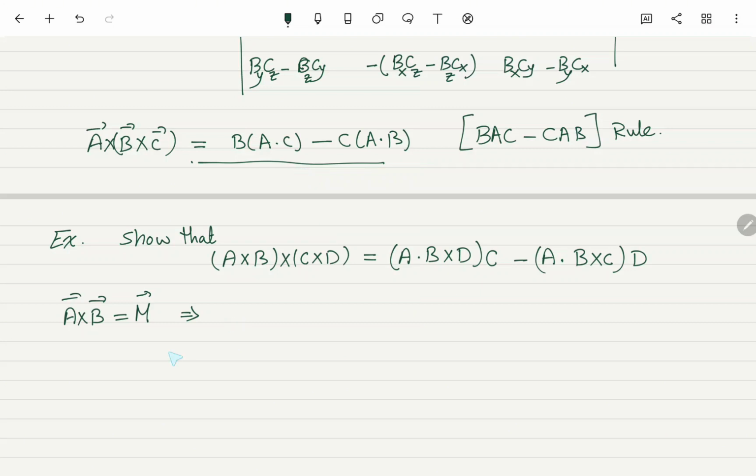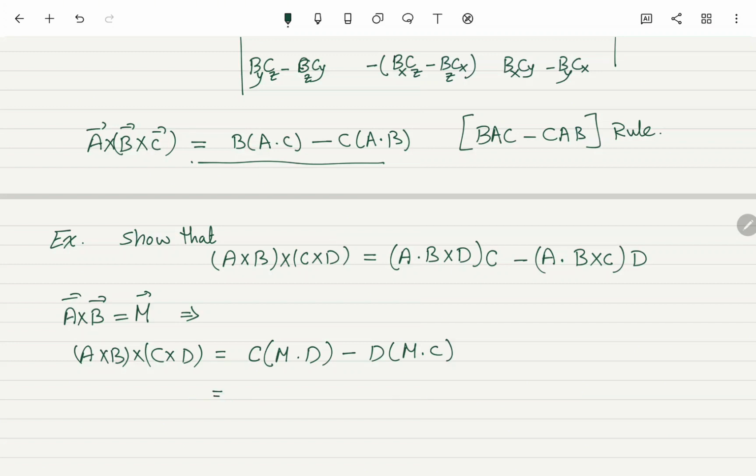So in this case, M cross C cross D should be equal to C (M dot D) minus D (M dot C).